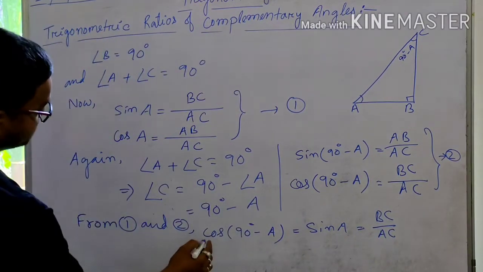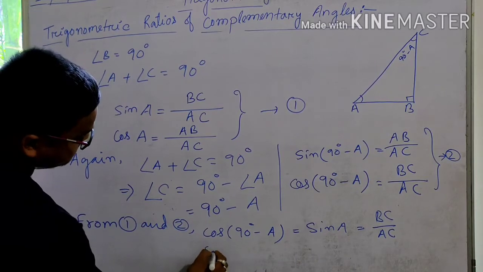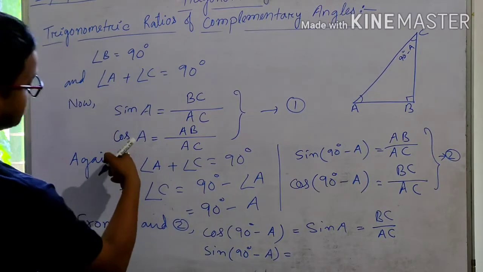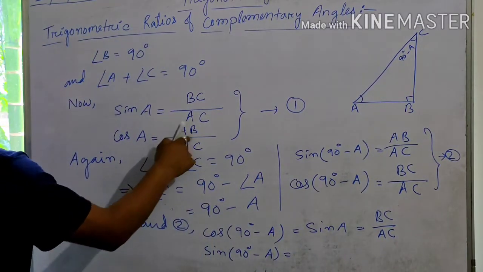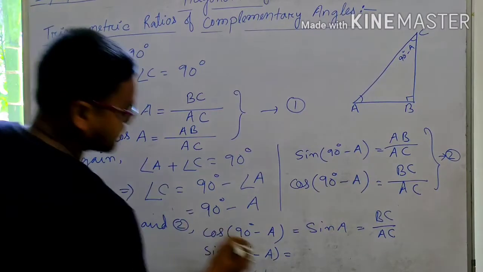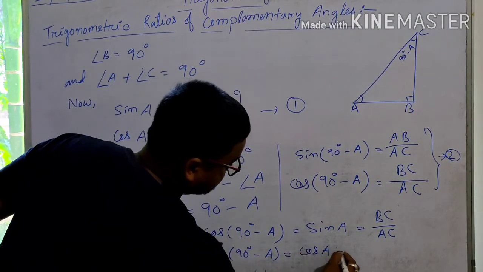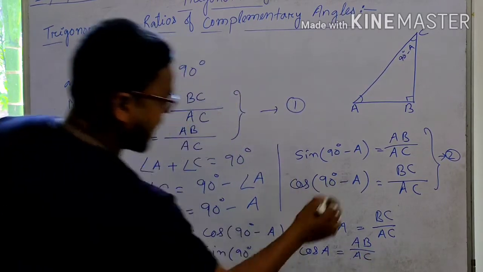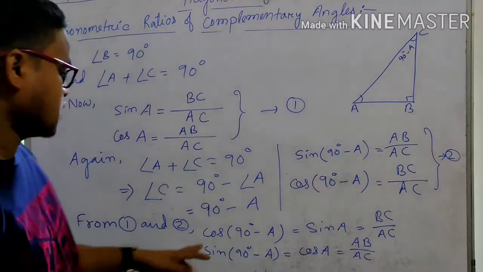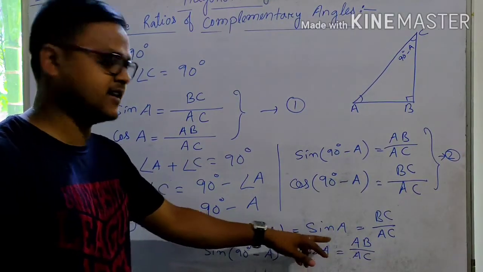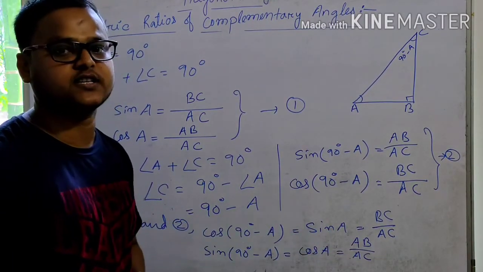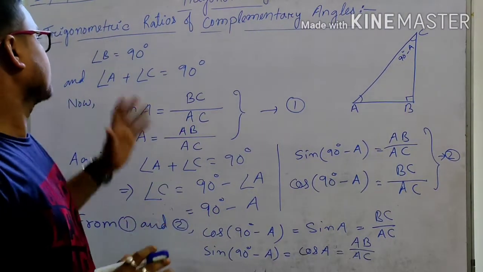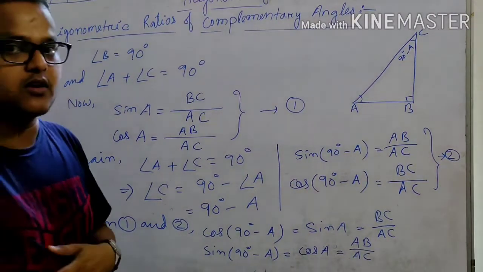Another: sin of 90 minus A is equal to cos A, because here you see AB by AC, and here also AB by AC. Finally we get cos 90 minus A equal to sin A, and sin 90 minus A equal to cos A. This is the relationship between complementary angles.